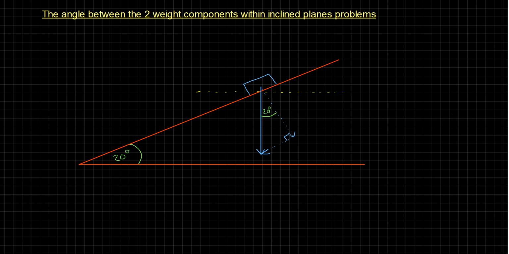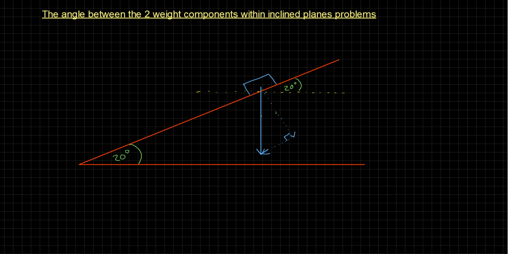Let's think about this angle here. Can we agree that this is 20 degrees? I'd hope so. Let me rub out the actual answer we're aiming for. So this is a horizontal, and the slope, this yellow line, is also the same horizontal, parallel to this red line, and we've also got the slope. So that's definitely 20 degrees.